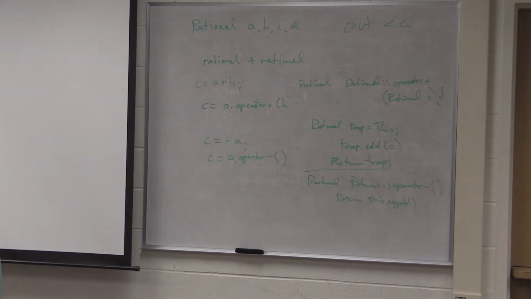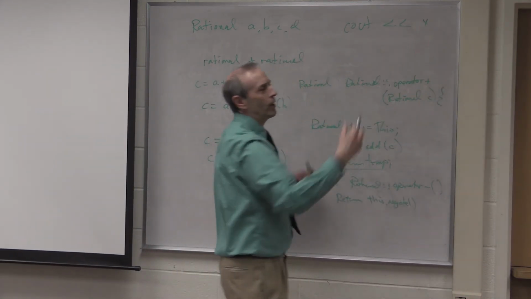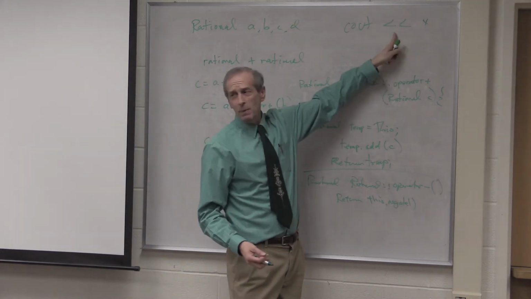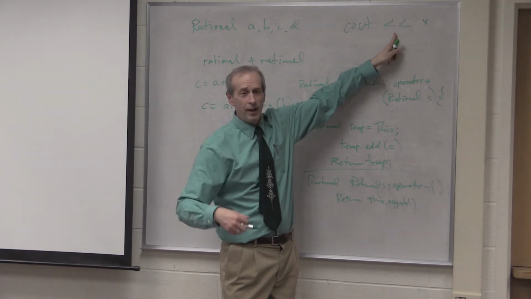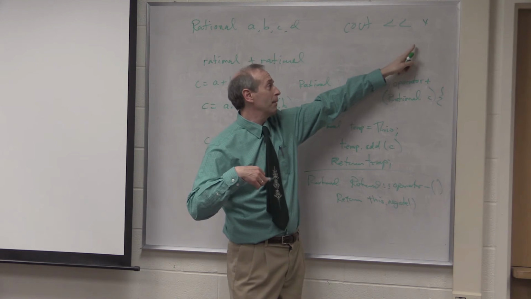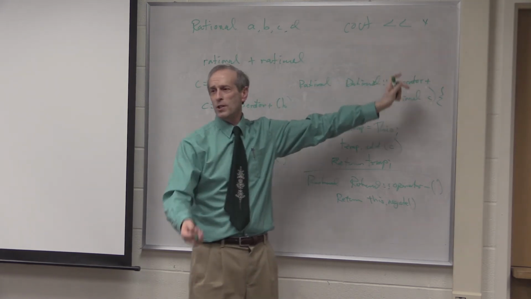Take the bits, shift it to the left. So when you say cout X, whatever X is, if X is a double, this has been overloaded to take a double parameter. If it is an integer, it's been overloaded to take an integer parameter. If it's a character, it's been overloaded to take a character parameter. If it's a string, it's been overloaded to take a string parameter.